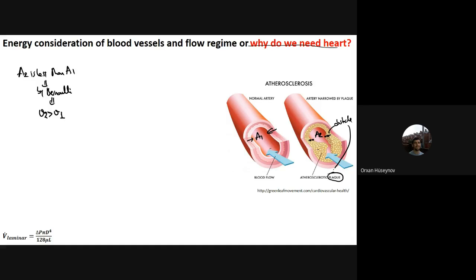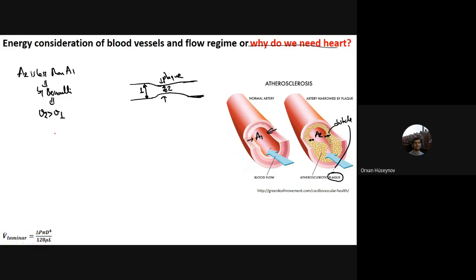So if you think of your blood vessel as something like this, it changes diameter due to plaque and then gets back to its initial form. Here you have the plaque. This is point 1 and this is point 2, area 2 and area 1. So velocity 2 is greater than velocity 1.